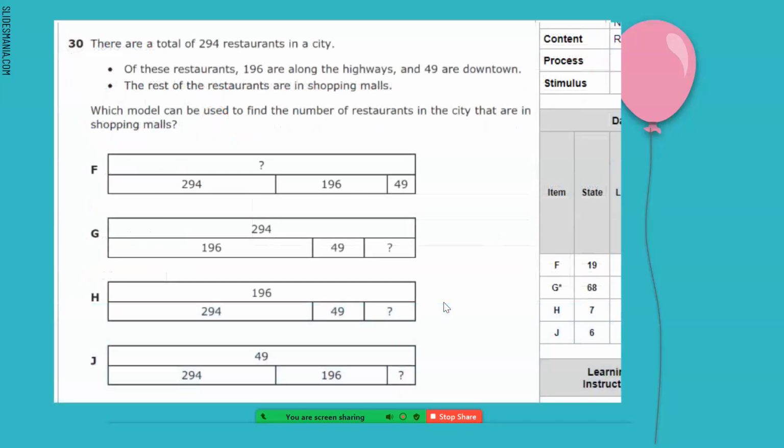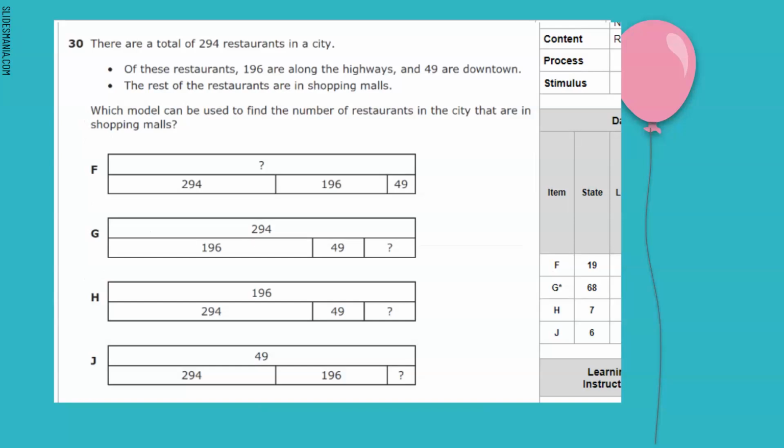All right, and so another way this TEK, 3.5a, is tested is looking at which strip diagram would match how to solve this problem. So this is very similar to what we just did, isn't it? But this time, they've drawn the strip diagrams and we have to see which one works. So it says there are a total of 294 restaurants in a city.